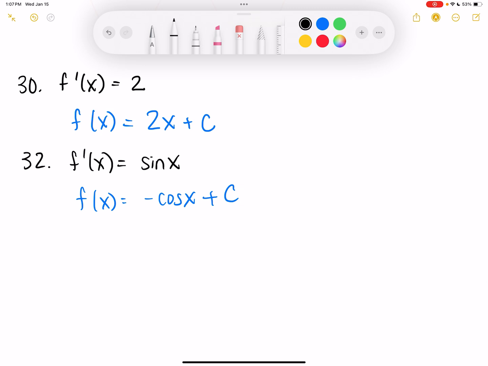A little more crazy. F prime of x equals 1 over x minus 1, given that x is greater than 1. So the derivative of what gives me that? What functions give us a derivative that ends up being a fraction? It's not asking you to undo the quotient rule.